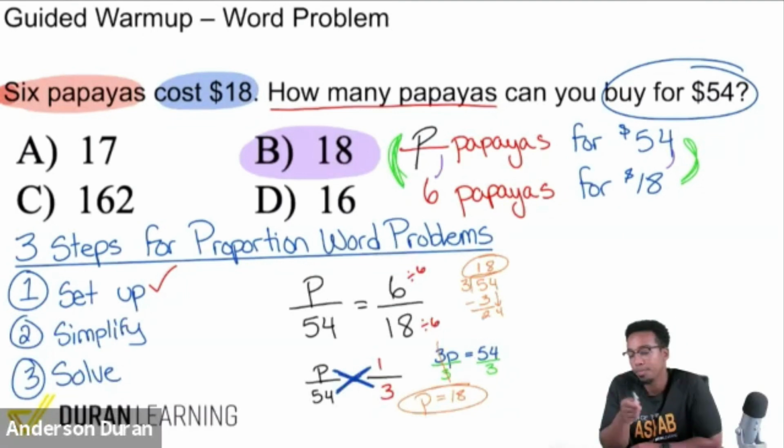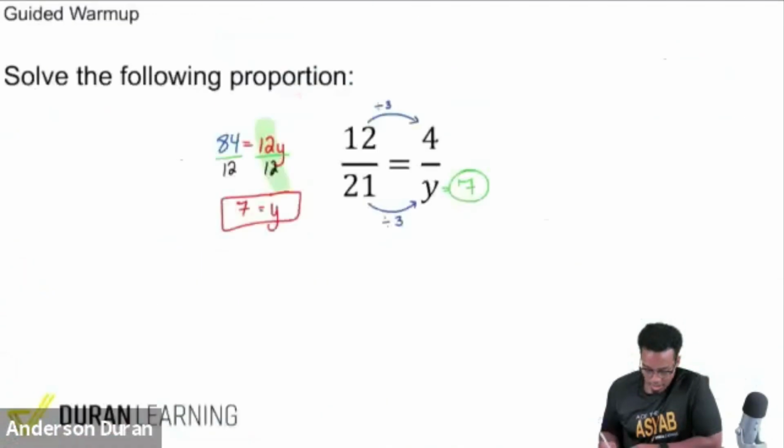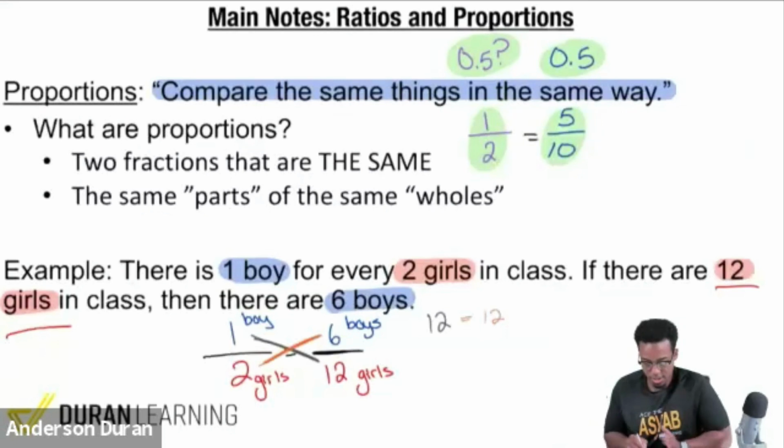Great question, though. Kiara? So you're saying as long as the numerator and denominator are comparable and you do the math right, you'll always get the answer correct. Yes. As long as you compare the same things in the same way and solve with the right calculation. Every single time.